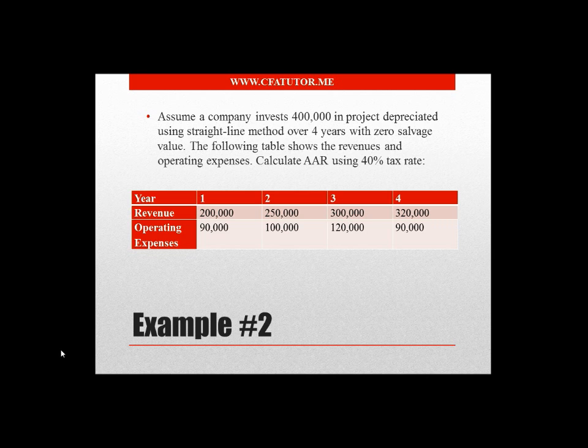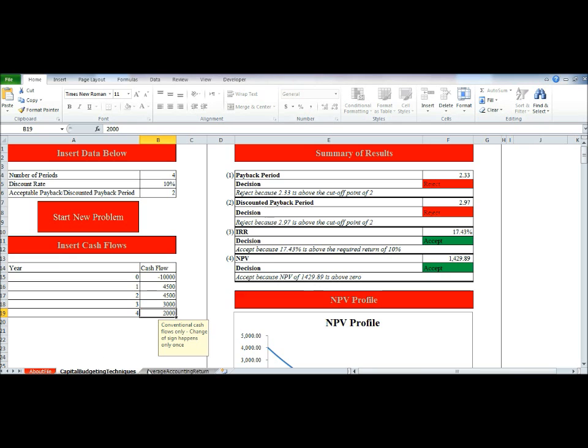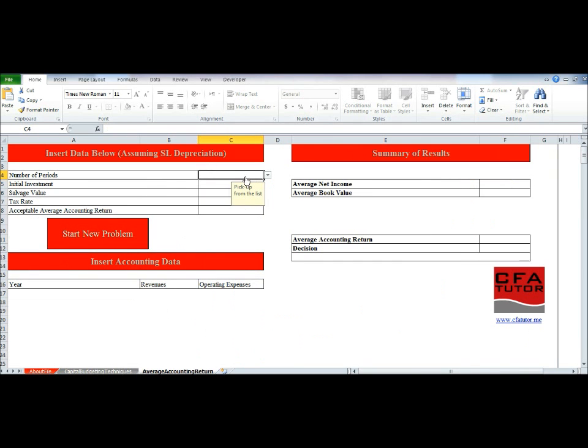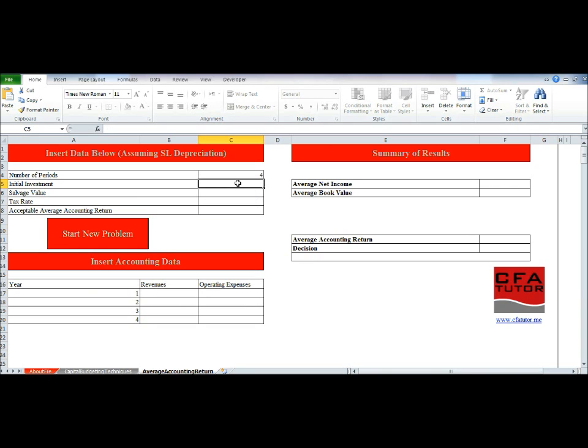So let's go to the sheet. And again we have 4 periods. We have an initial investment of 4,000,000. Now pay attention over here that this sheet is only assuming straight line depreciation. If the question that you are having is using another method for depreciation, this sheet wouldn't work, and you would have to do it basically manually.